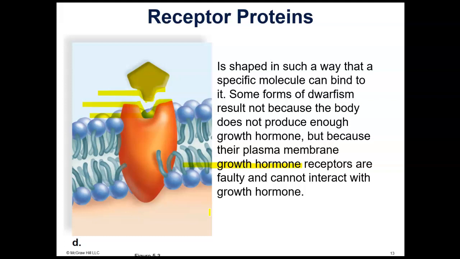If it can't bind, if there's something wrong, then maybe the person won't grow as tall as they're supposed to, or something will be wrong in the growth process. Something will go wrong. So it's very important that our hormones are able to bind to the receptor proteins on our plasma membranes. That's what causes our cells to respond to that hormone.